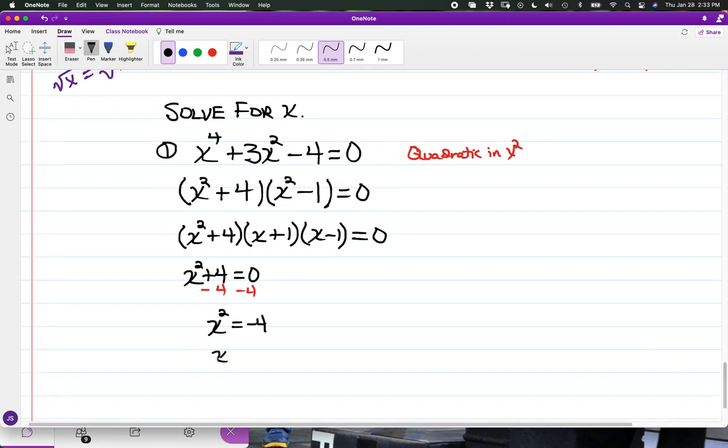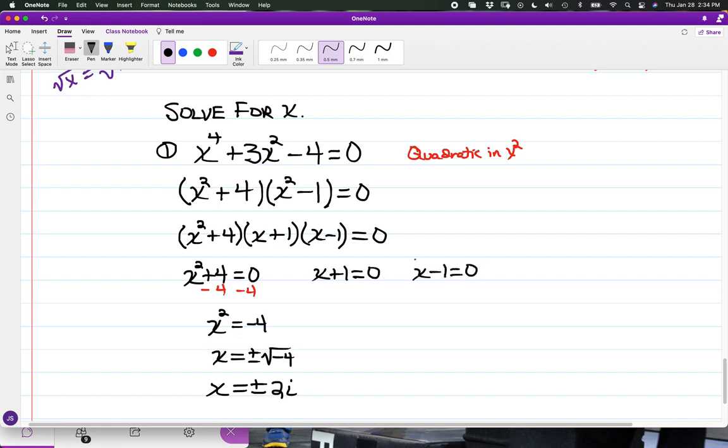and with the square root property of equality, if I go from x squared to x, we have x equal to plus or minus the square root of -4. In compact terms, x will be plus or minus the square root of -4, so the square root of -4 becomes 2i, so you have positive and negative 2i for this set, and for the other factors we have x plus 1 and x minus 1.